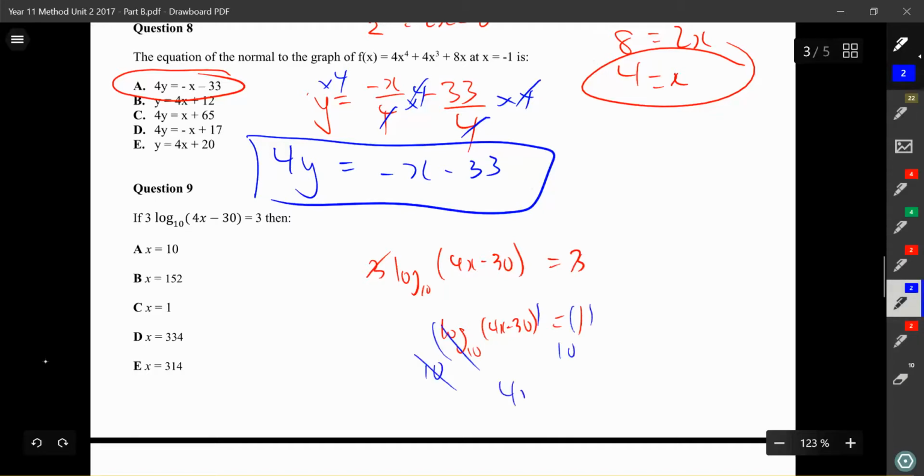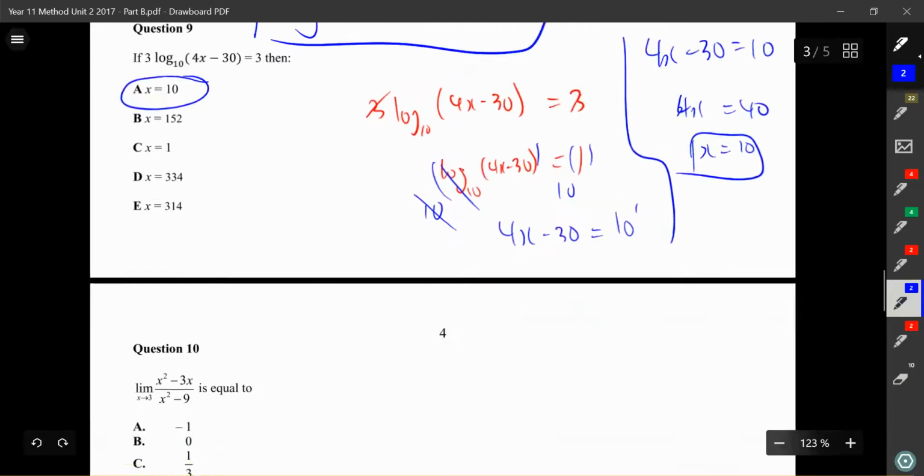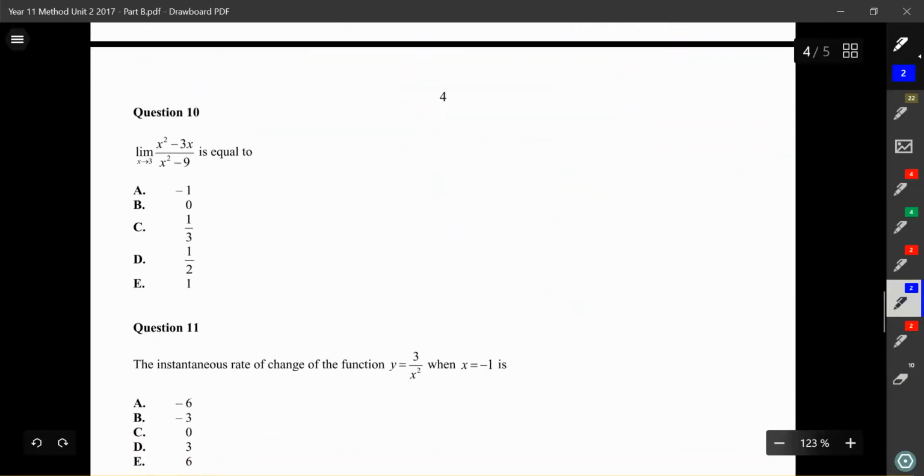These cancel out. 4x minus 30 is equal to 10 to the power of 1. So 4x minus 30 equals 10, 4x equals 40, x equals 10. Yeah? Takes a long time. My point is learn your CAS. Okay? Makes it much easier. You can see the way I'm going through it. I'm really whipping through the questions, and they're not that hard to do.